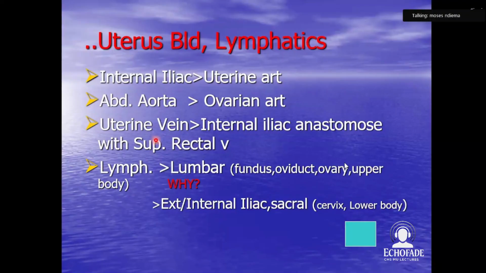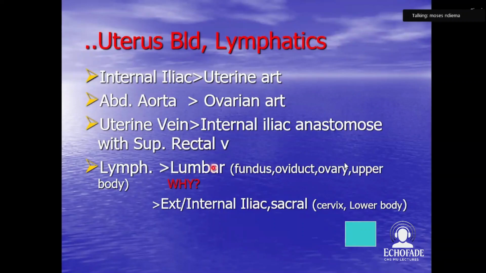And then the lymphatic drainage: the fundus, the oviduct, the ovary, the upper part of the body. You need to know this drains to the lumbar region, and then the others drain to the external and internal iliac vessels. So why do we have this difference? Again, from the embryological development.